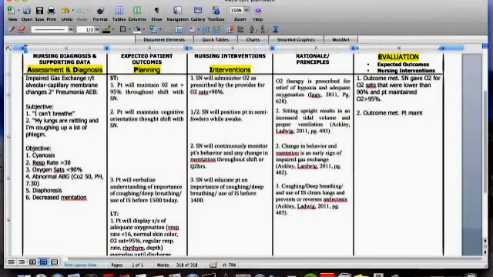Patient maintained cognitive orientation throughout shift.